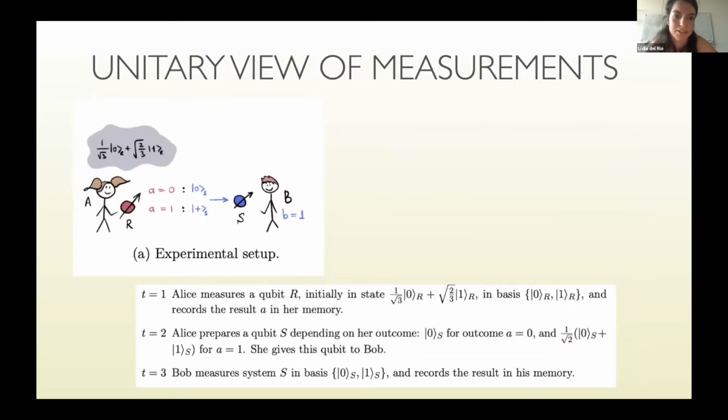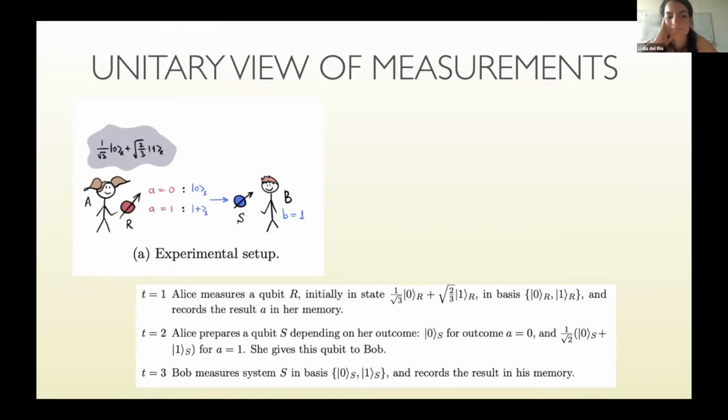Okay, so let's give you a slightly more complicated example. Now we start having a game so that we can see how logic happens. Here's a setup. Alice has this qubit R, which is in a superposition of 0 and 1 with different coefficients, which for now don't really matter. She measures it in the Z basis.